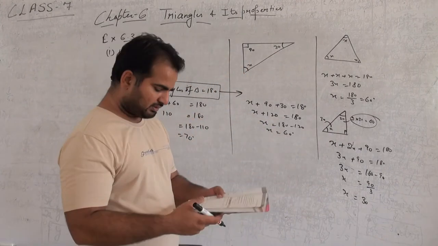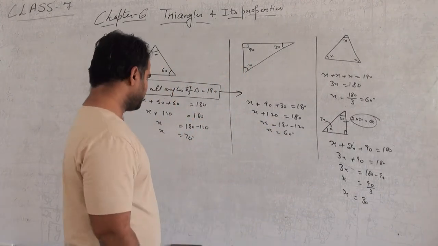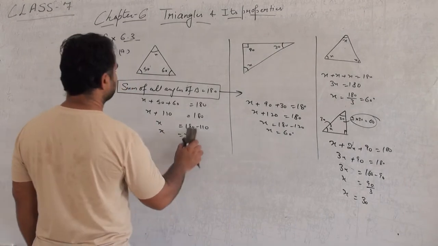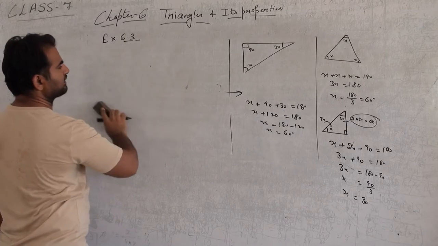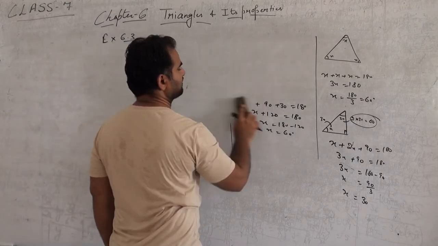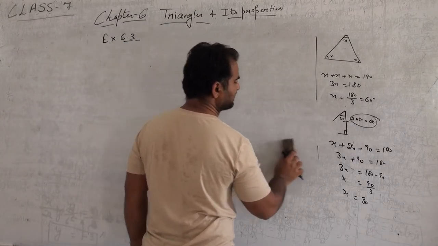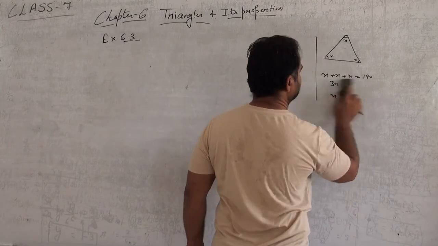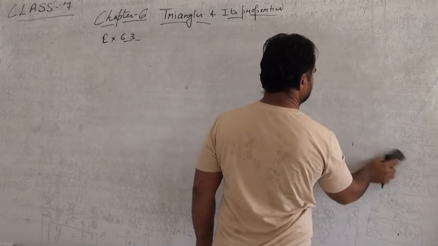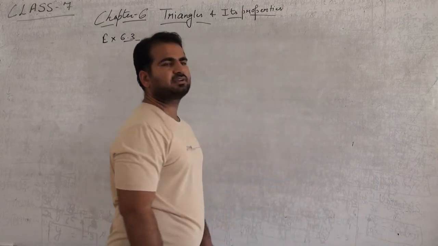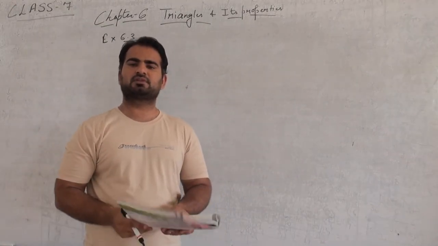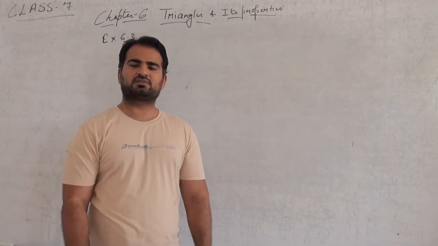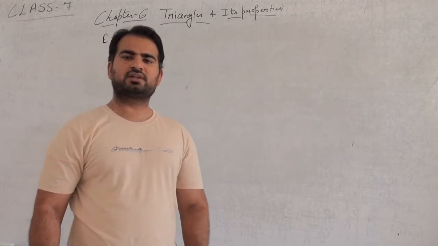Okay, this is our question number 1st. Now in question number 2nd, we have to use all the properties that we have learned. The first property is that sum of two interior angles is always equal to the exterior opposite angle.